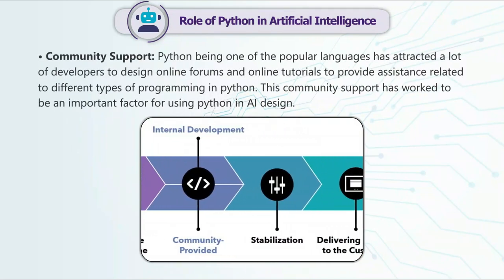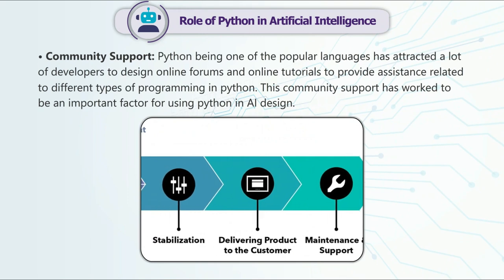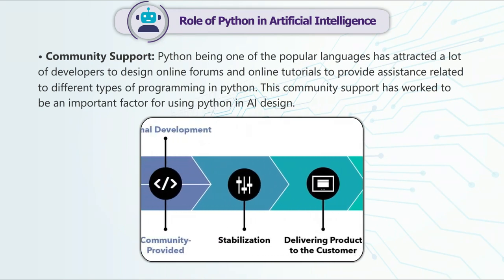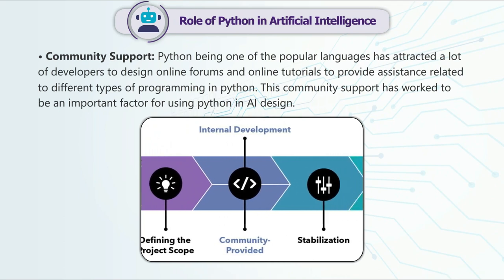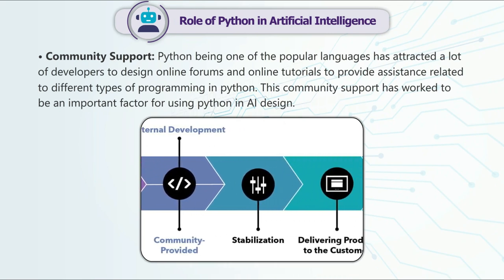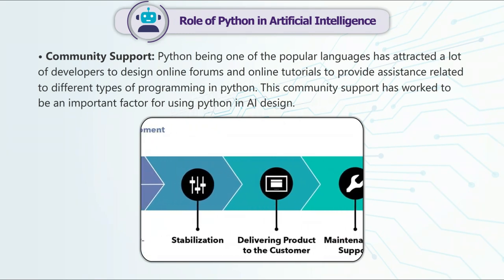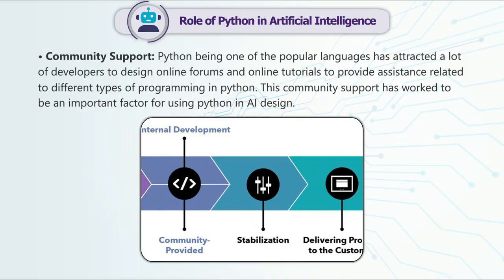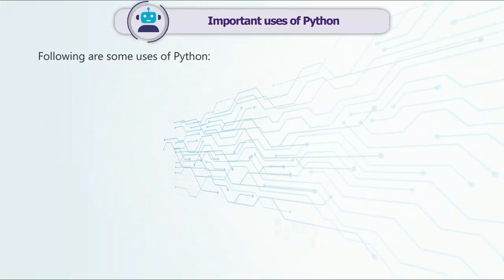Community support. Python, being one of the popular languages, has attracted a lot of developers to design online forums and online tutorials to provide assistance related to different types of programming in Python. This community support has worked to be an important factor for using Python in AI design. Important uses of Python. Following are some uses of Python.